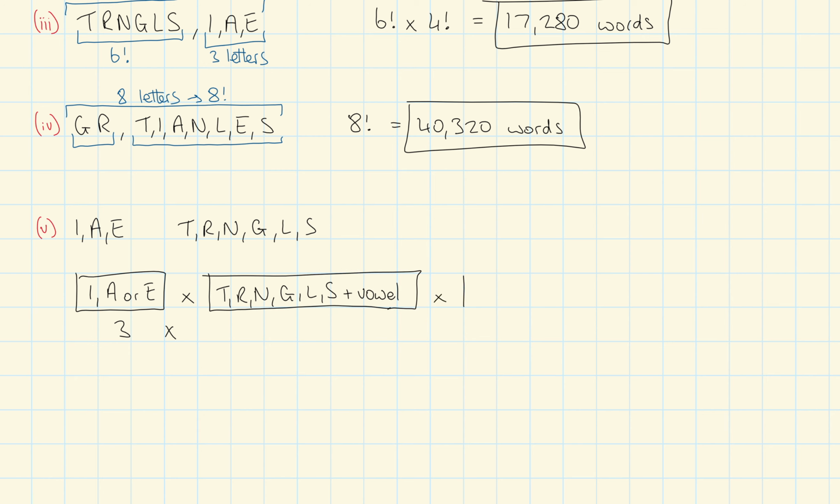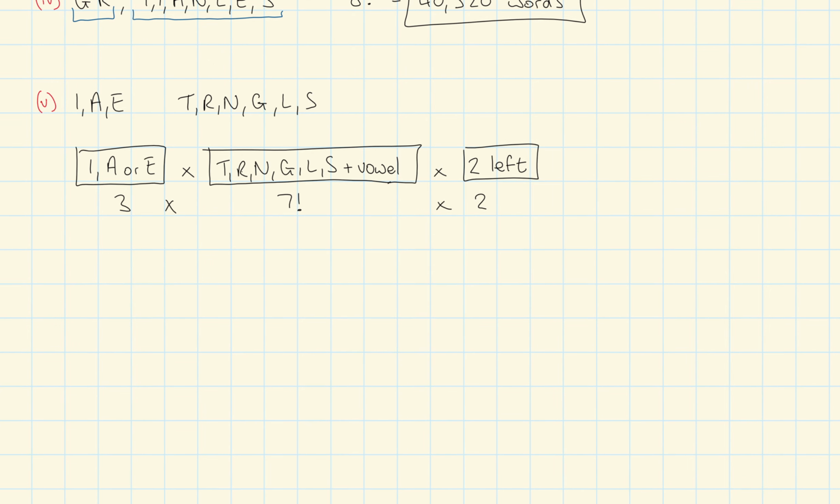At the end, I've used a vowel at the start, so I'll have 2 left. So at the end will be by 2, and in the middle we have the 6 consonants plus 1 vowel, so it'll be 7 factorial. And all of that just into your calculator.